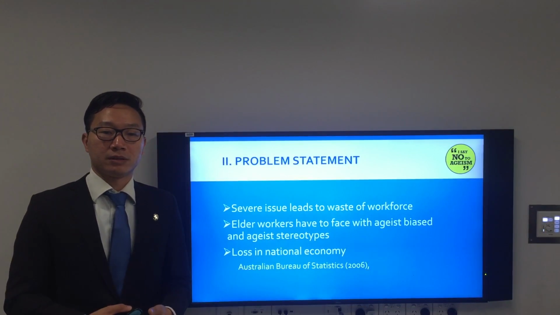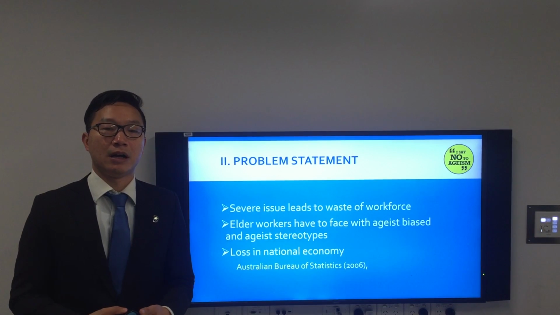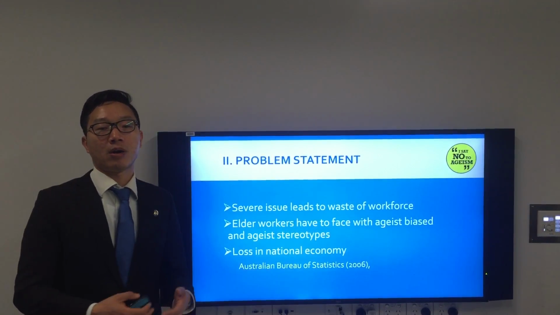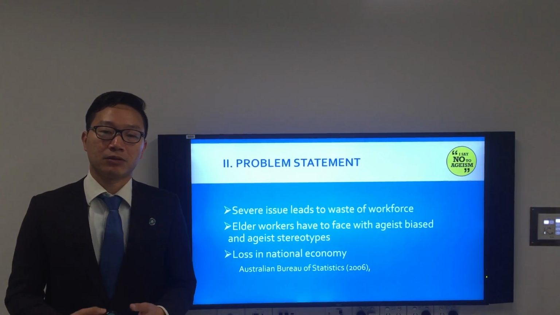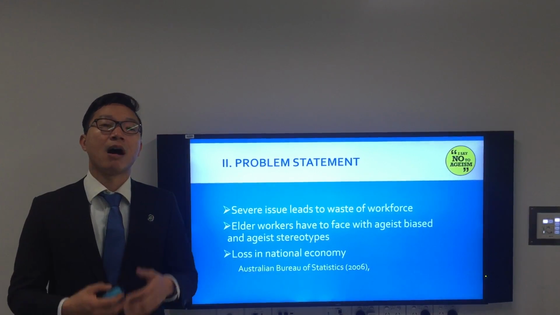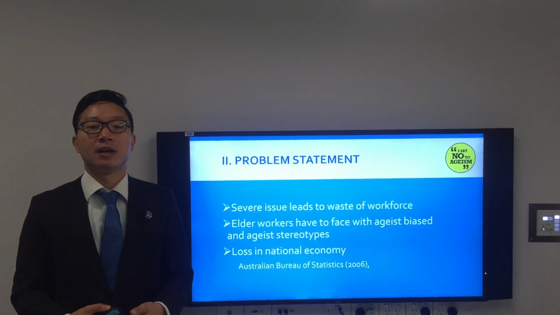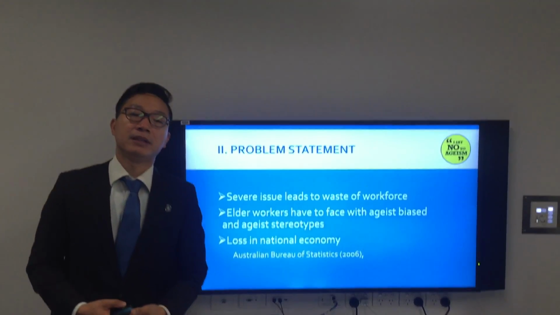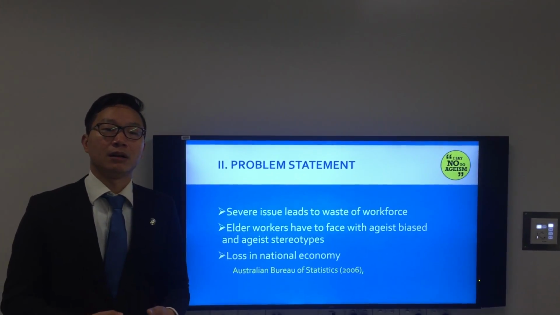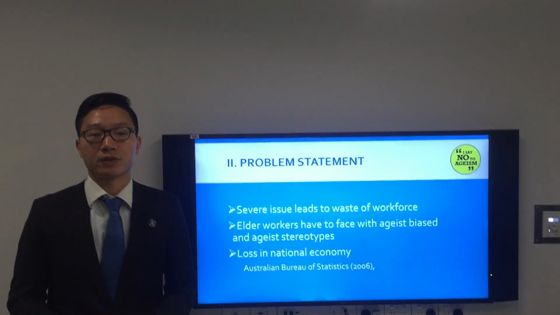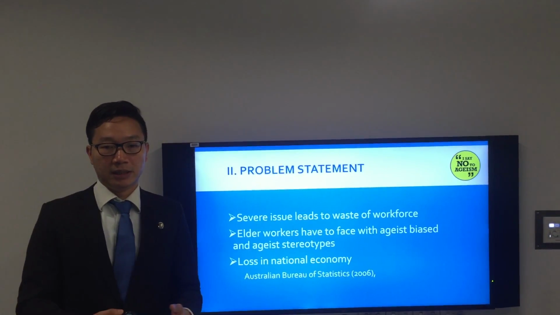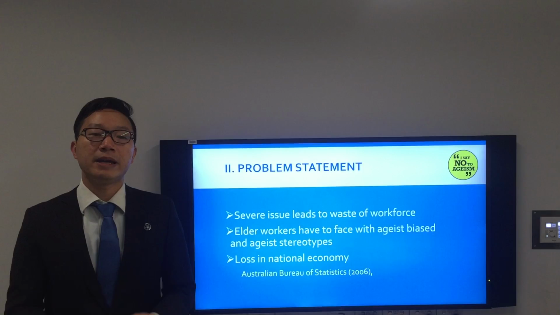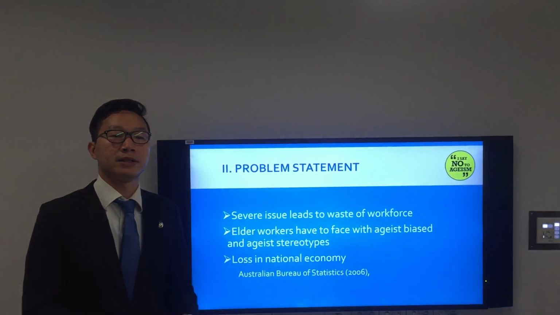The elder workers have to face ageism bias as well as the ageism stereotype that they are hard to train and cost more than younger workers. This discrimination results in a lockout of the workforce. Consequently, this situation causes a huge loss to the Australian economy.